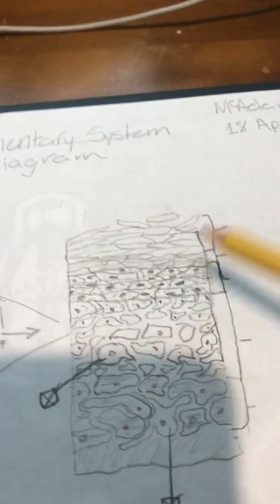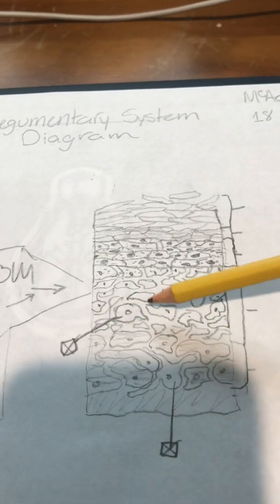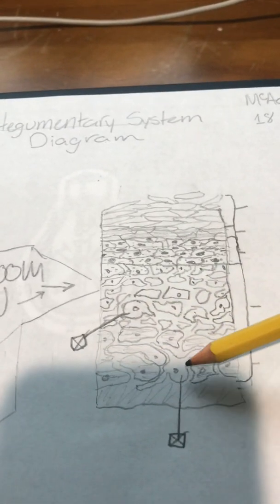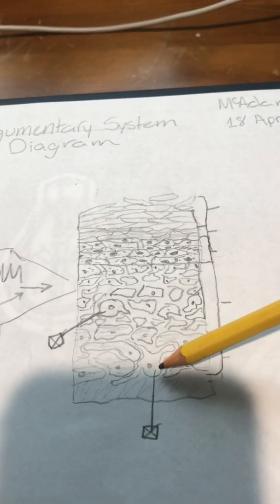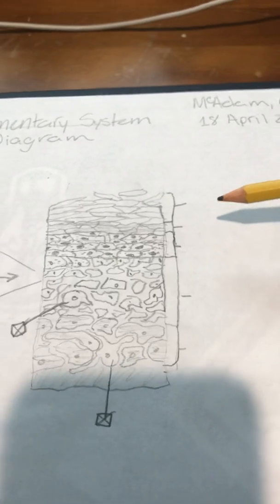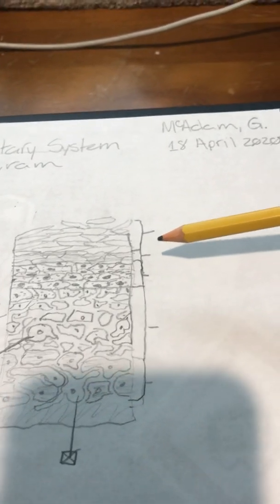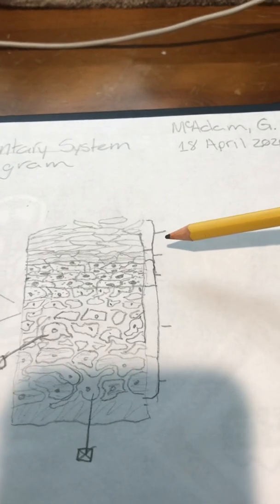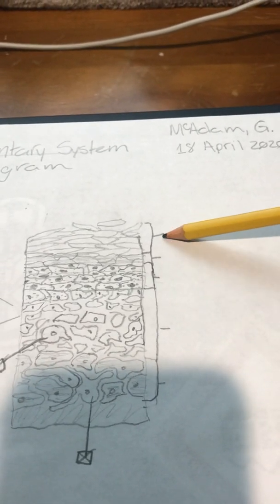Here we zoom into the epidermis, and we have a keratinocyte right here. My art is not good, but down here we have a melanocyte for pigment, and then we have the layers of the epidermis. The topmost outer layer is your stratum corneum right there.